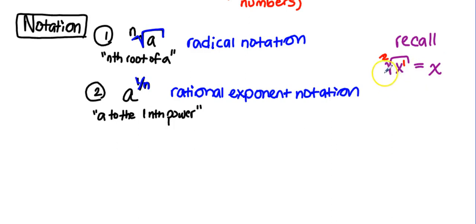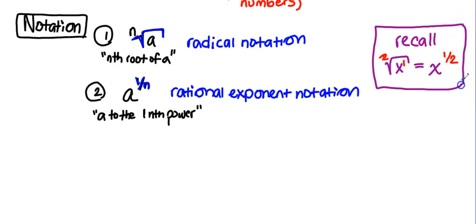So if I rewrite the square root of x as x to a power, it's x to the 1/2. This might be a recall for some of us, or a new idea. Either way, it's important to write down. I always used it as a memory tool for where that 1/2 comes from. I know that this is the square root, and this is technically x to the first power. We'll be looking at more of that soon.